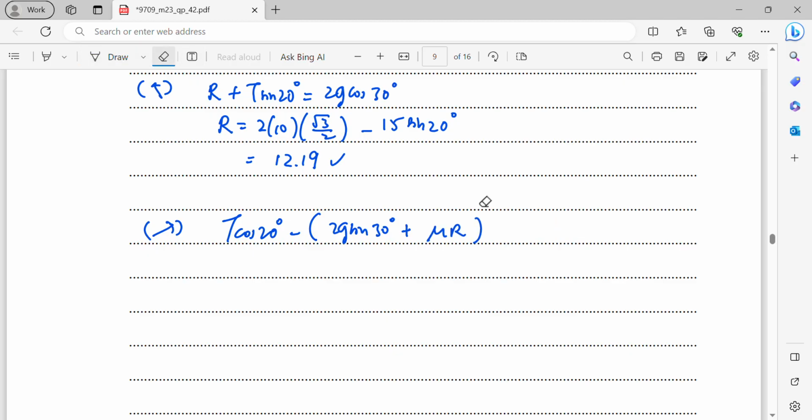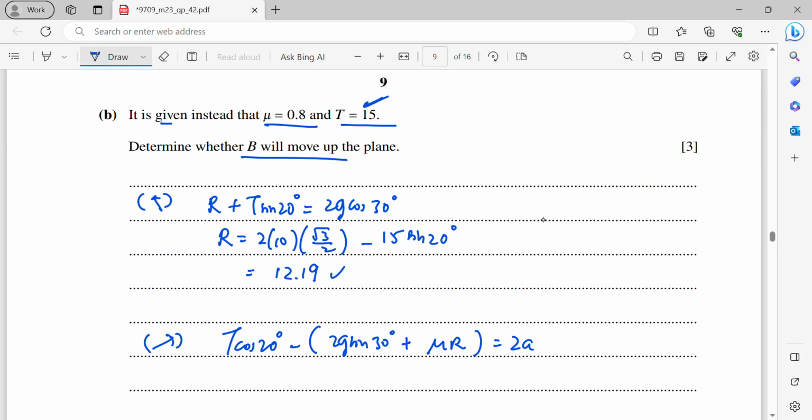Alright, so next step is just to replace the values. T is given 15, so 15 cos 20 degrees minus 2 times 10 times half, plus mu is 0.8, the R already found, 12.19, equals 2A.